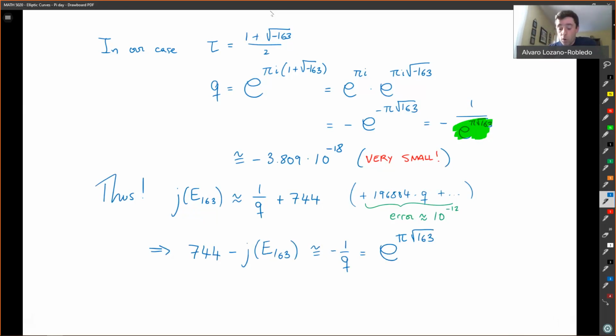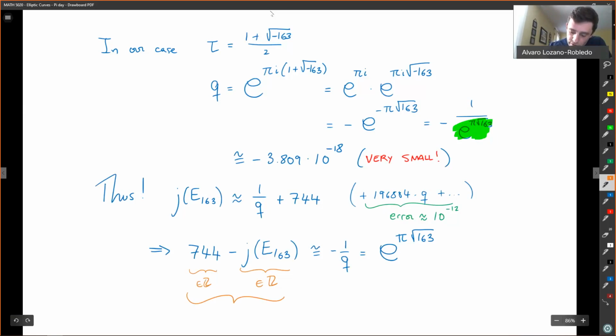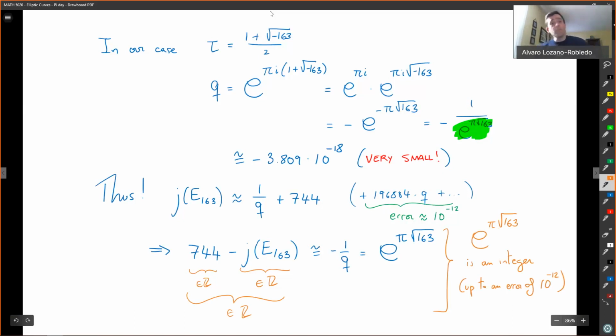So this is an integer, and this is of course an integer. So the outcome of this is that e to the pi square root of 163 is an integer, up to an error of 10 to the minus 12, which is exactly what we saw happen: it was an integer, and then the expansion started with 12 nines.